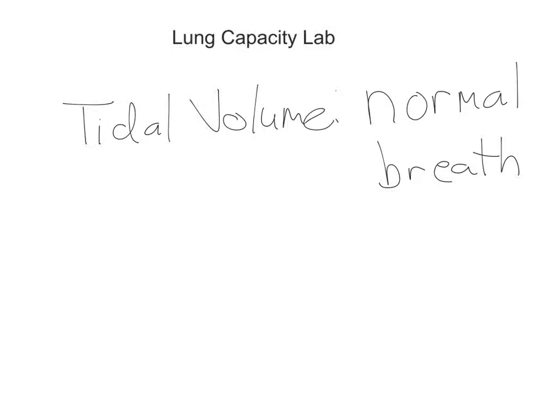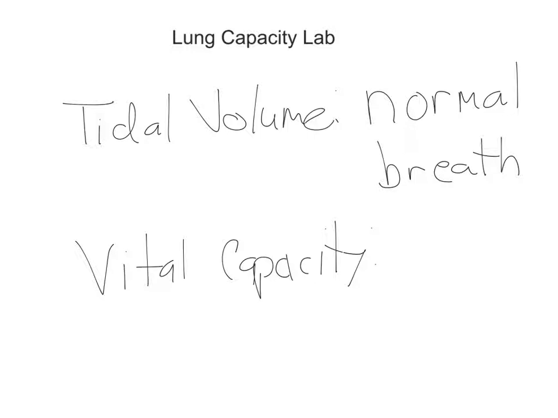The other easy one to do is the last one, vital capacity. A vital capacity breath is as much as you can possibly breathe in and as much as you can possibly breathe out. So, largest breath.